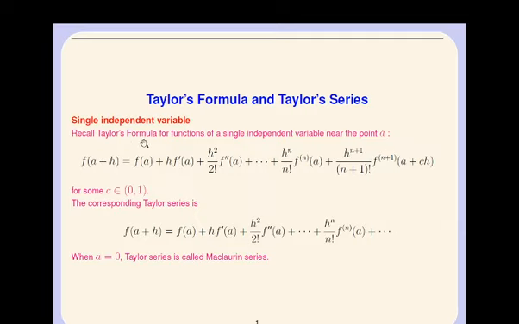So this is Taylor's formula, and you can show that this h to the power n plus 1 divided by n plus 1 factorial into fn plus 1 of A plus ch, called the remainder term, will tend to 0 as n tends to infinity.